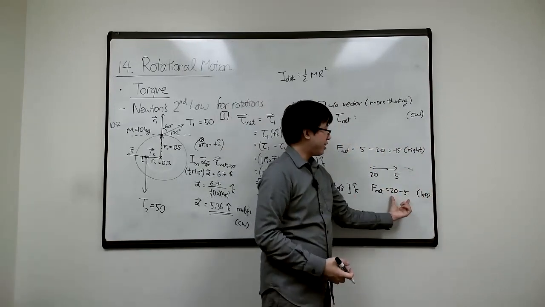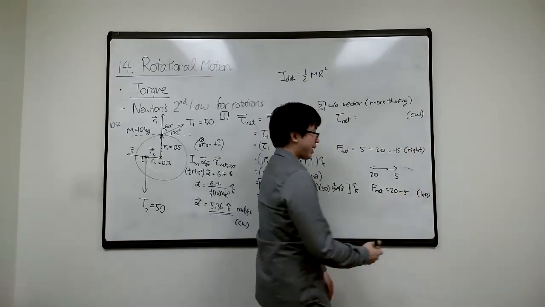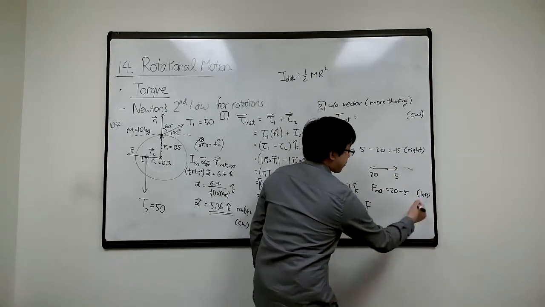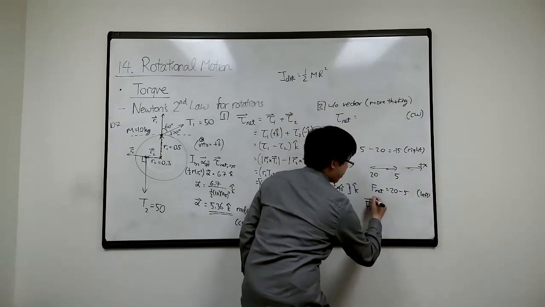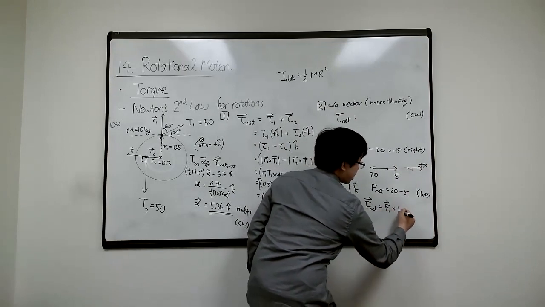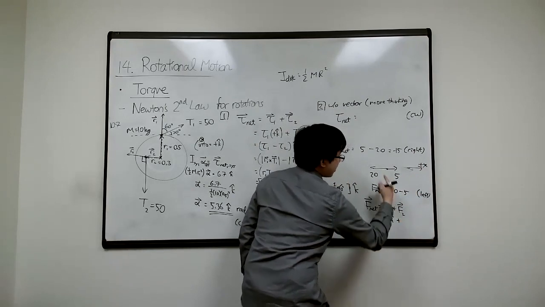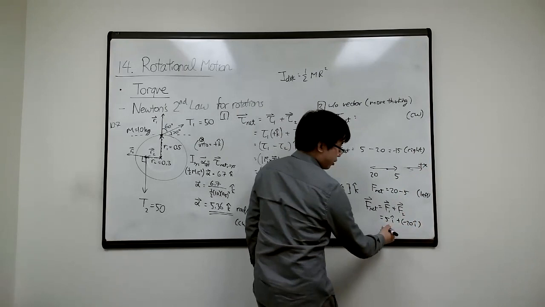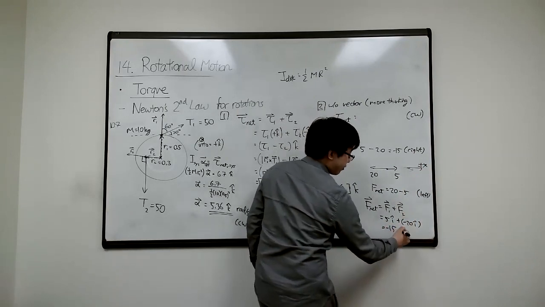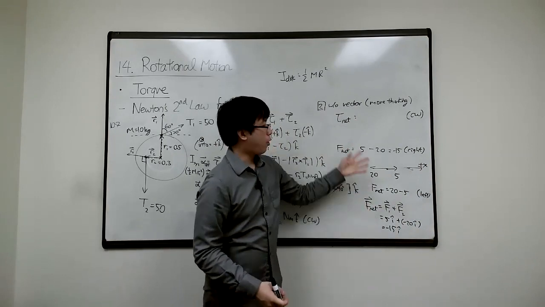So you need to think which one's positive, which one's negative, or you can just blindly go, I'm going to define this side as x, and I'll just do the vector way. So force 1 plus force 2. This one is 5 i hat. This one is negative 20 i hat. And then the answer is minus 15 i hat. So you have almost three ways to do it.